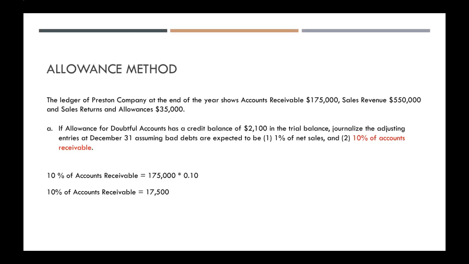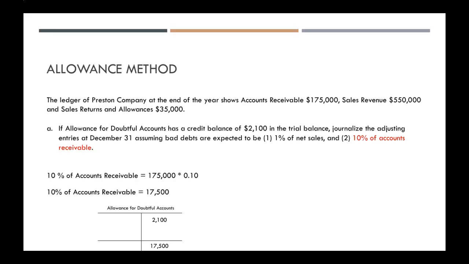Now we need to take into consideration that beginning balance in allowance for doubtful accounts. So we make a T account, and we put that beginning balance in for allowance for doubtful accounts. And then we put in this ending balance, this 10% amount that we just found.